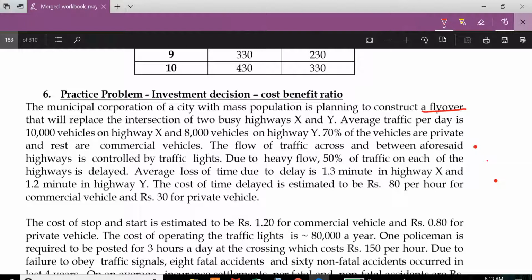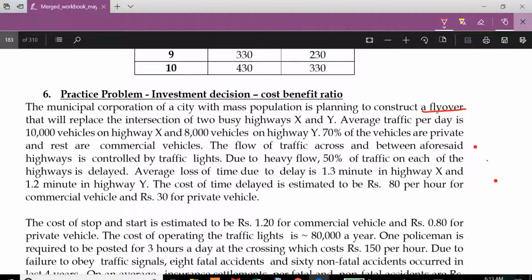So, in the first para, the question is indicating that there is a highway. The details of the traffic is given in that highway, the intersection of 2 highways. Now, what this municipal corporation is doing is they are planning to construct a flyover.